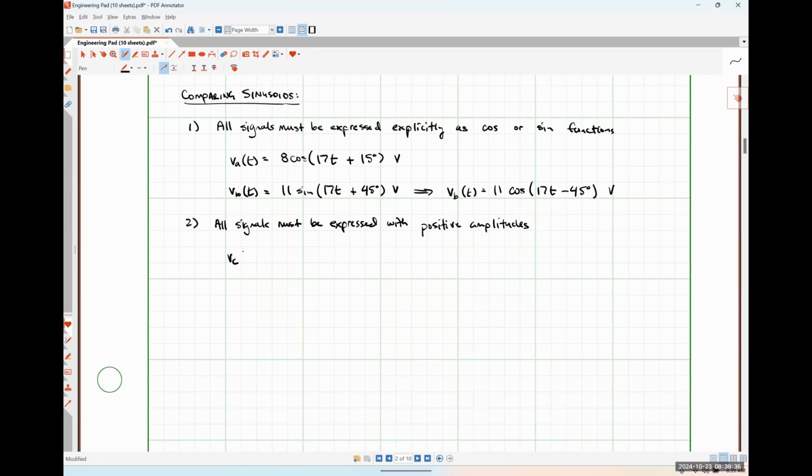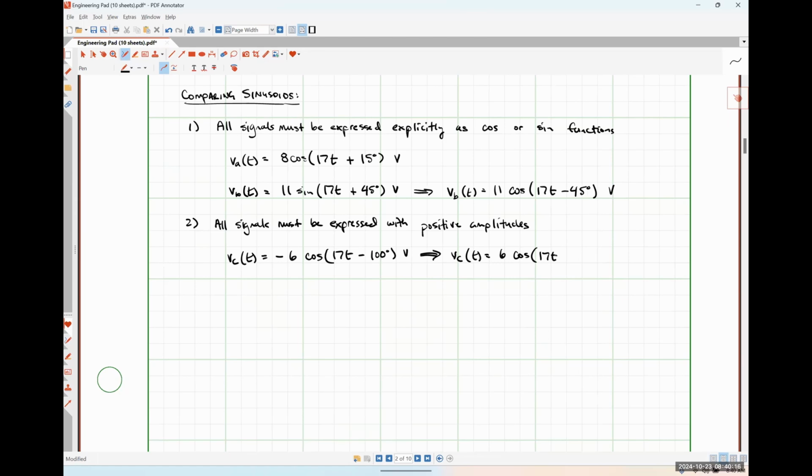So if I had a signal VC of t that was -6, let's just do cosine, cosine 17t minus 100 degrees volts, I would need to use, I think, trig identity number 4 from the list that I gave you to be able to represent this as VC of t would be +6 cosine 17t, and now I can either add or subtract 180 degrees.